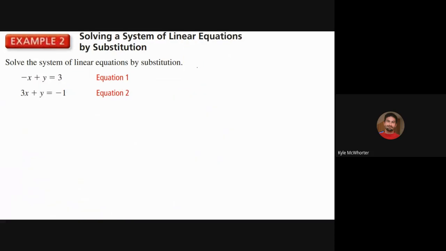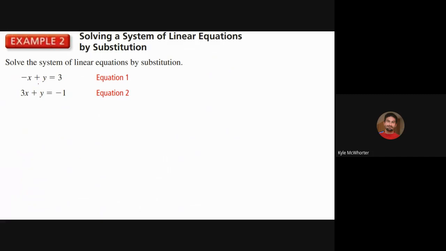Here is another one. So now this one is not set up for us. We have to pick one of the equations to solve for one of the variables. The first thing we're looking for is, does one of the variables have a coefficient of 1?